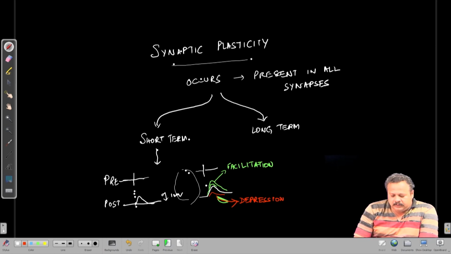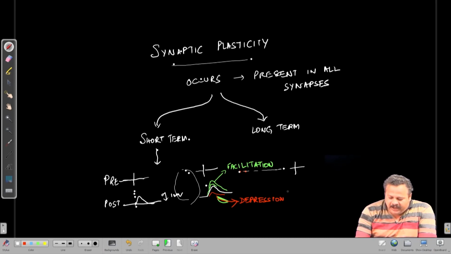Now, the effect that we are seeing, if the system is left undisturbed, like you are not making any changes in the system for a while and do the same measurement again, we get back our original synaptic strength that we had started with.